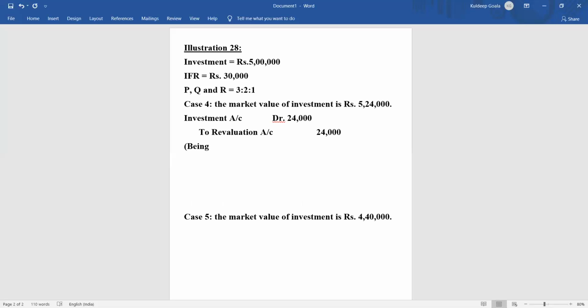So profit will be credit. That is why the revaluation account is credit. So investment account debit to revaluation account. Being increase in the value of investment. Clear?